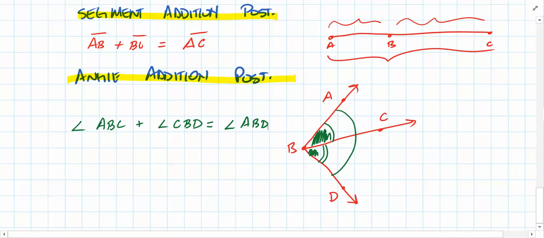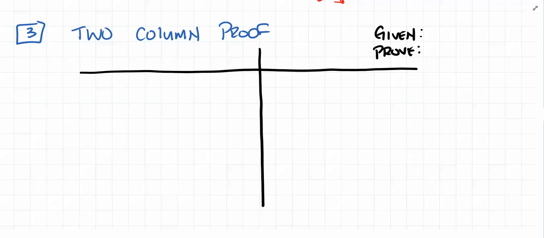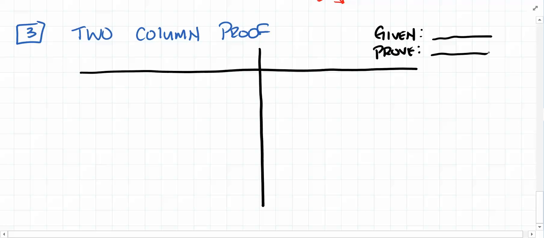So here's the setup of a two-column proof. You're going to be given some information over here, and you're going to be asked to prove some information over here, or wherever it might be. Now, the idea of the two-column proof is that on the left-hand side, you are going to make general statements. You're going to actually say something by writing it down.